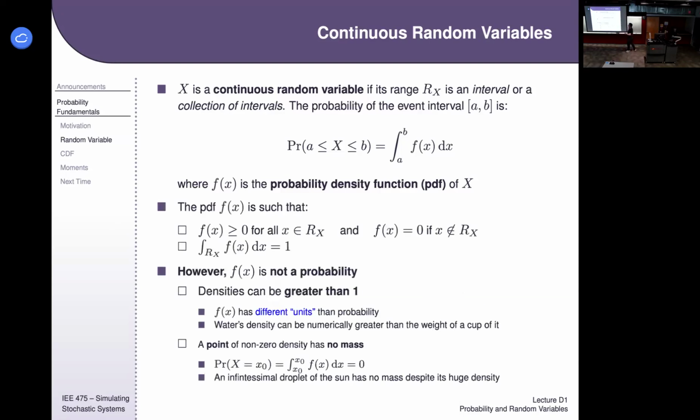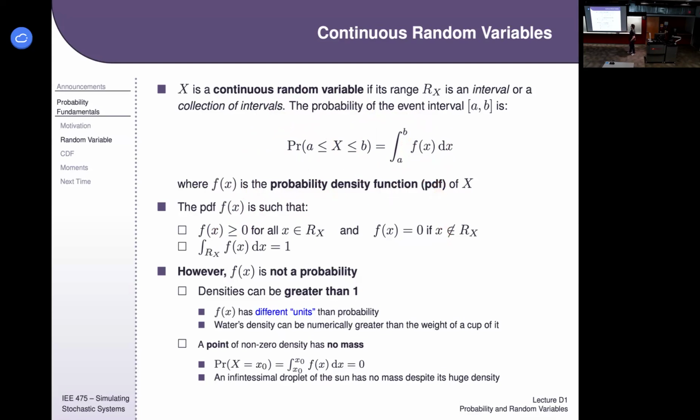All right, let's see that written out a little bit more here. If this is the probability of an interval, the weight of an interval, which is just the integral of its density from one side of the interval to the other, then the rules are that the probability density must be non-negative, just like probability.